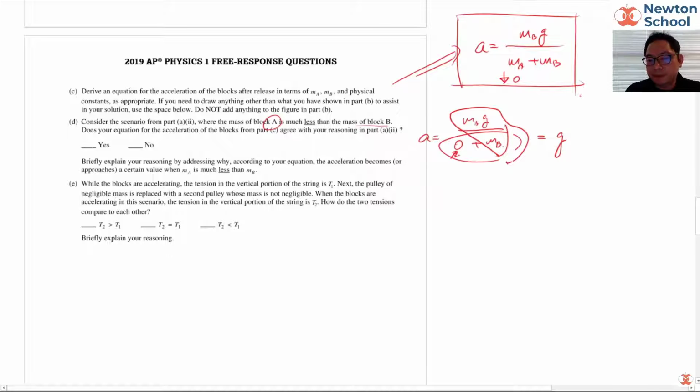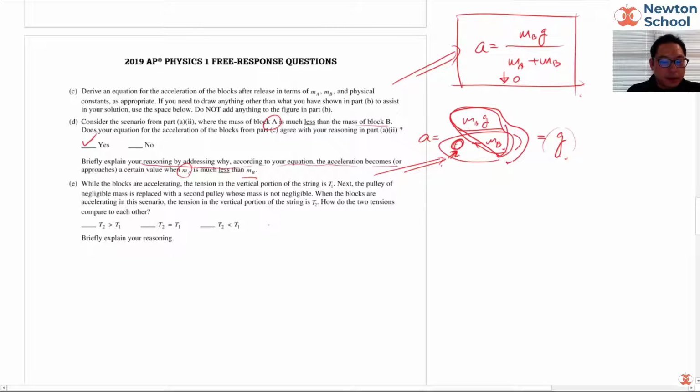To explain the reasoning: on the denominator you have mass A and mass B. Mass A is getting close to 0, so basically you get m_B g over m_B, which is the gravitational acceleration.